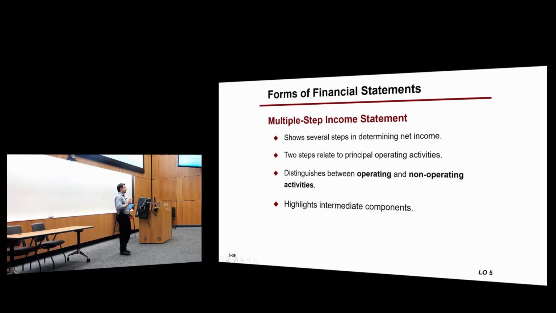All these are basically valid answers. The main issue is that the external user, let's say an investor or creditor, believes that operating activities are a sustainable source of revenue. You expect the same amount, more or less, to happen every year.